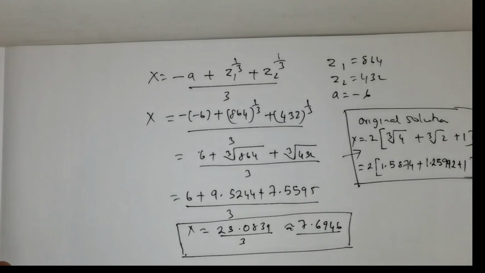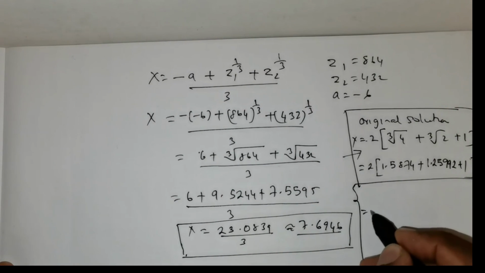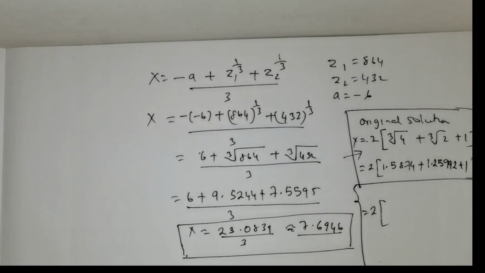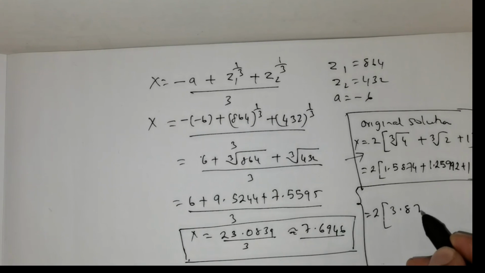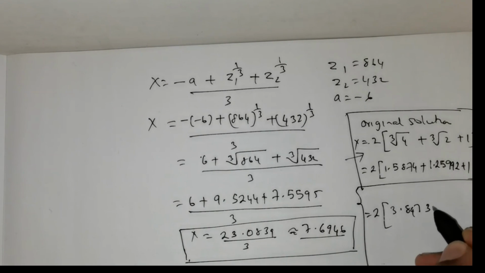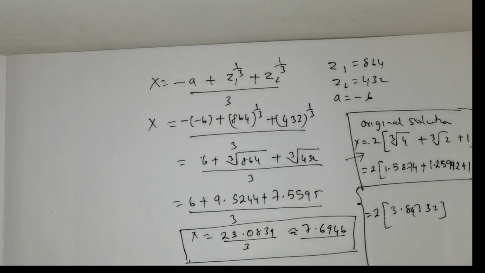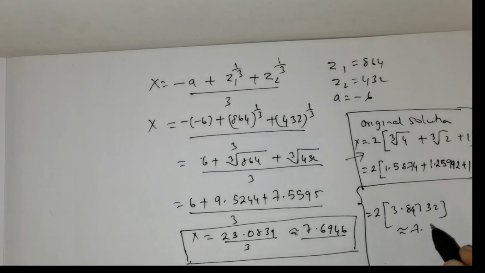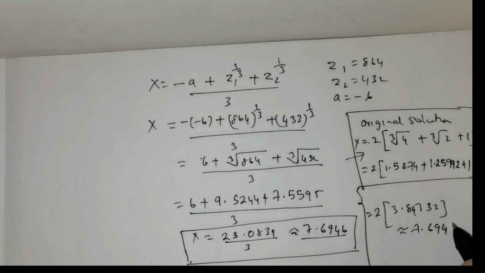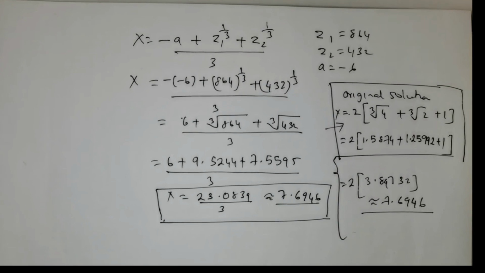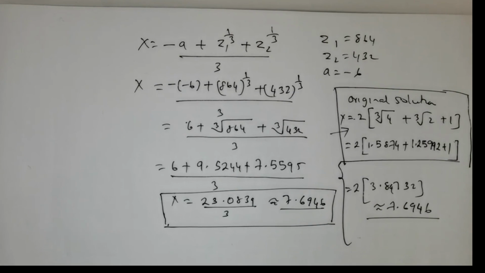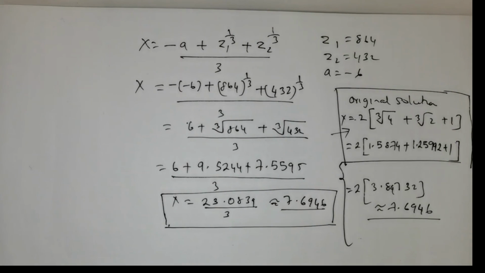Use a calculator and add up these values. So we would have 3.84732. You multiply it with 2, that would give me approximately 7.6946. The solution we have got, and both of them agree together.